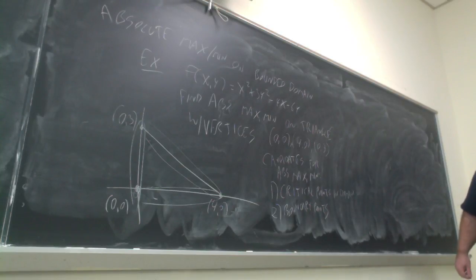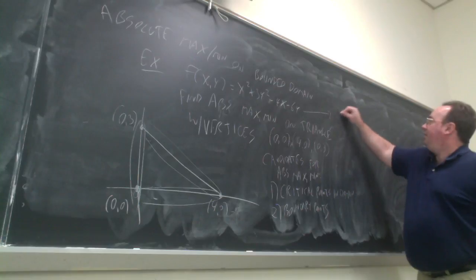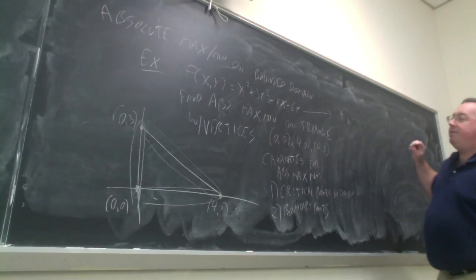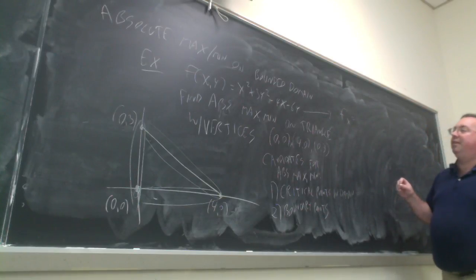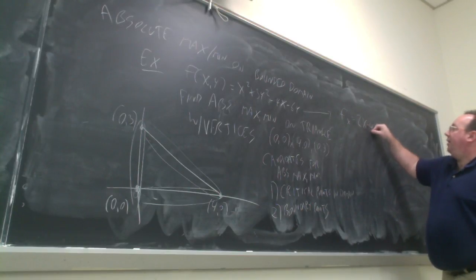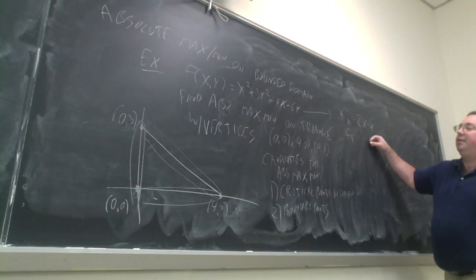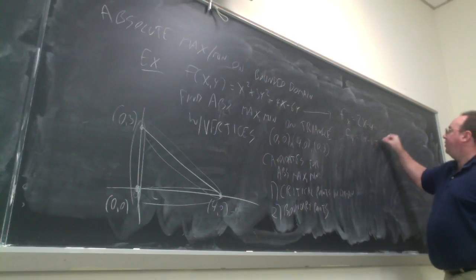Okay. So the first part of the problem is similar to before. We have to find the critical points. So from our function, what is fx? 2x minus 4. Yeah. And then fy is 6y minus 6. Yeah. And you set both of these equal to 0.